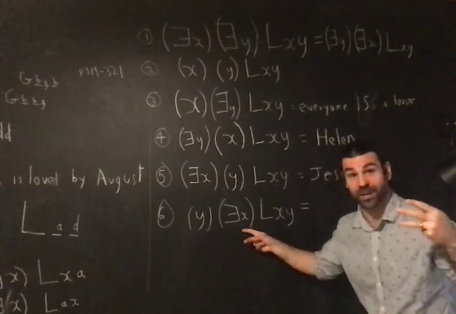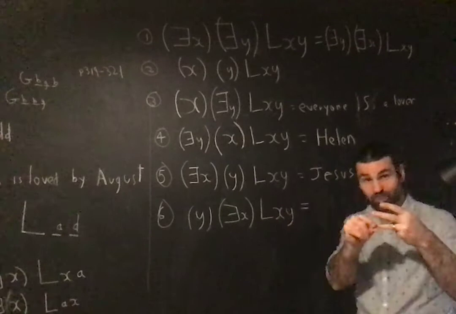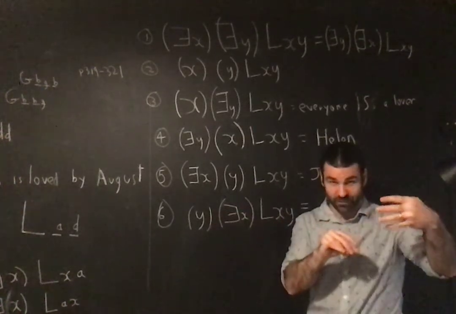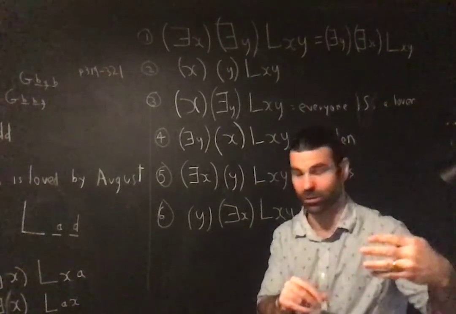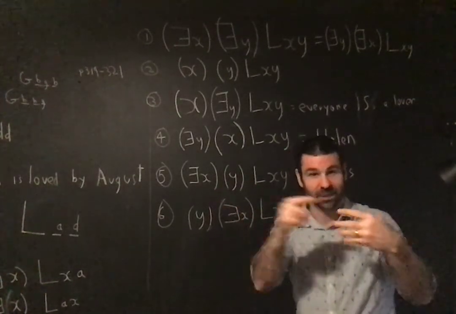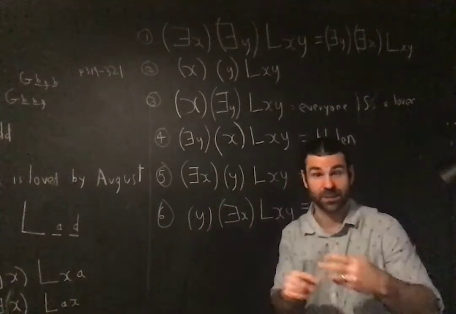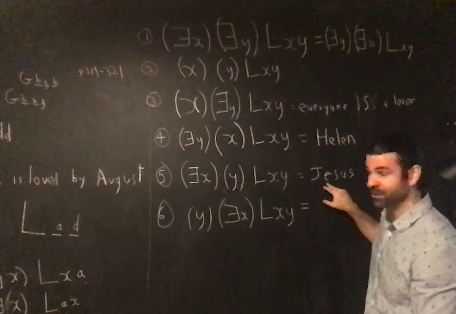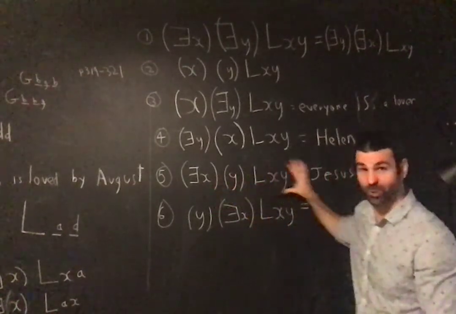For all of them, there exists some X that loves them. So each one of the people, for all Y, there exists someone that loves that person. Different person in each case, right? Different from the Jesus sentence, right? That says there's someone that loves them all.